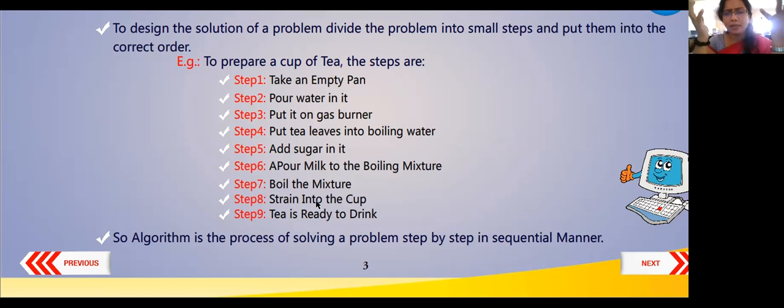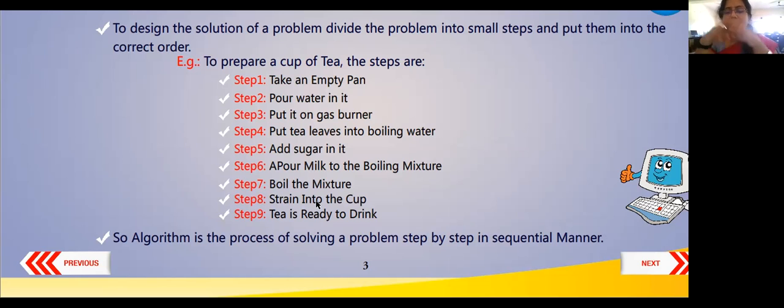Be it a birthday party, whenever we are planning a birthday party, it's also a program, right? We first sit down and plan it: this will be the decoration, for this what all we need, what will be the food, what all things we are going to require. We sit down and write it down in small steps, what needs to be taken care of, which thing should be taken care of first.